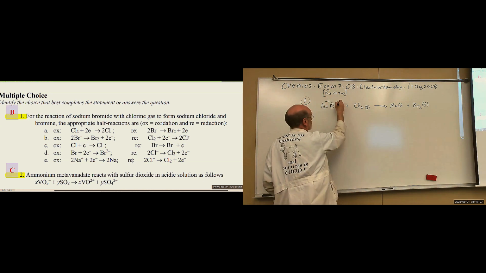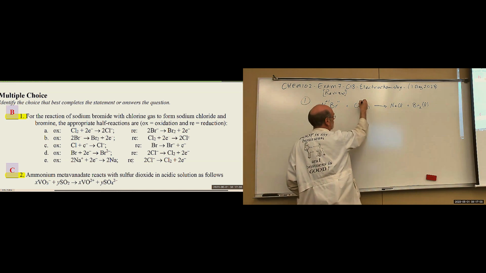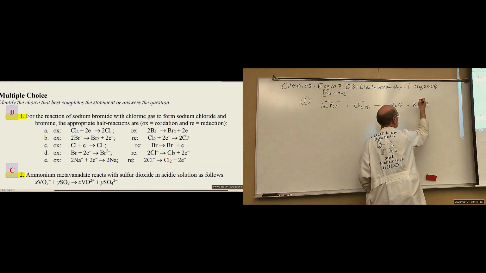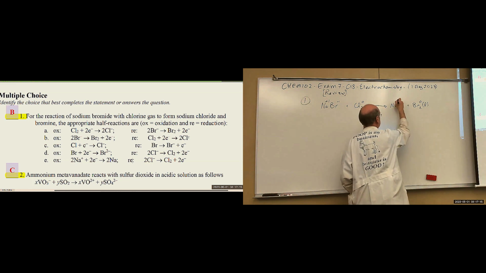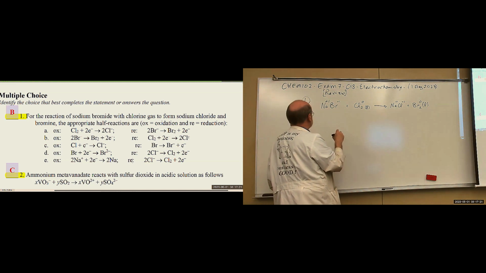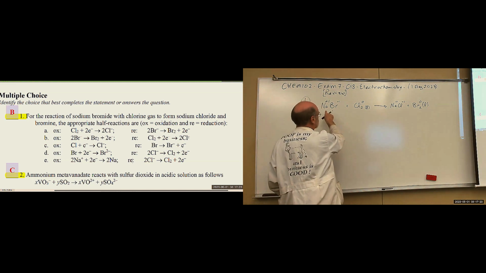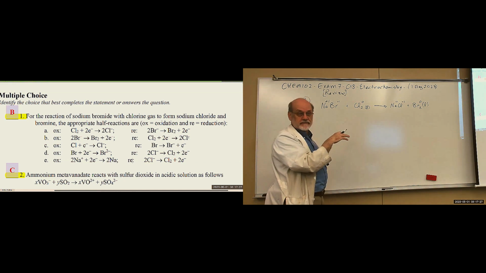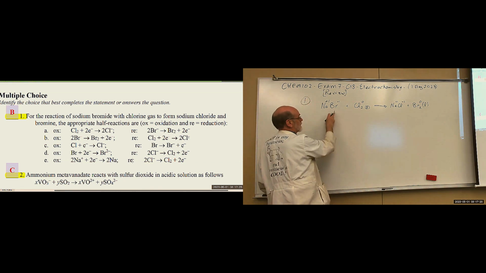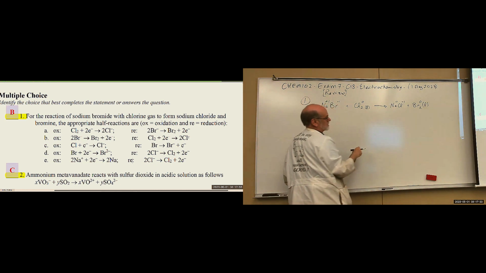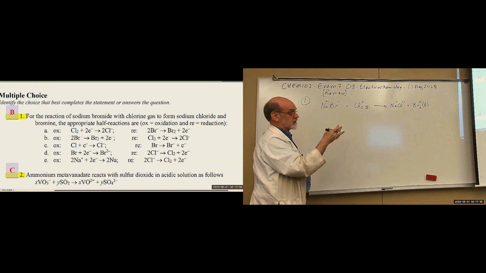So that means bromine has to be a -1. Elements are 0. So here we have another +1, and here we have another -1. Which one's, well, what happens from sodium to sodium? Nothing happens. Right, it's a spectator. We could just as easily write this one as Br- and Cl- for oxidation and reduction purposes.